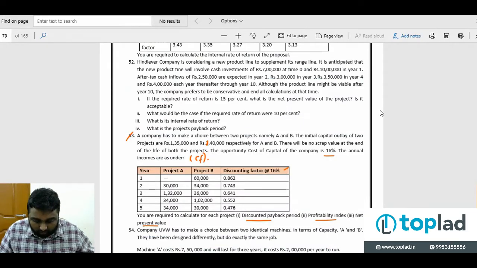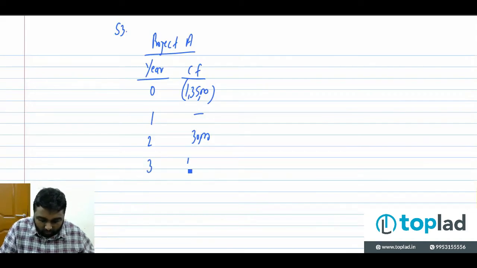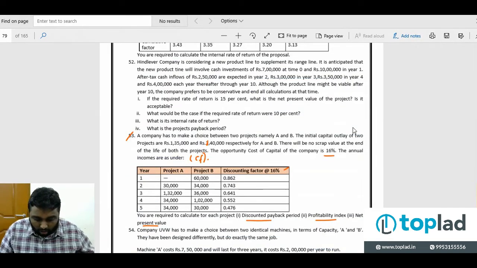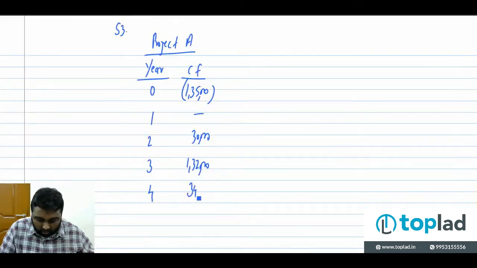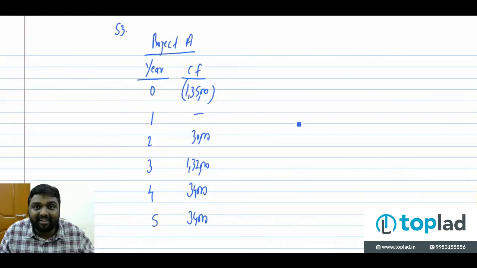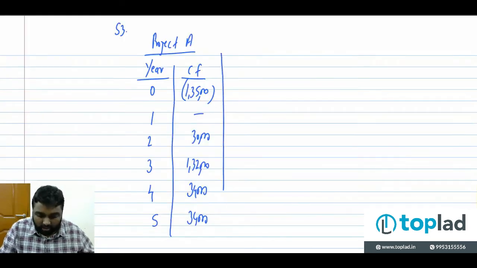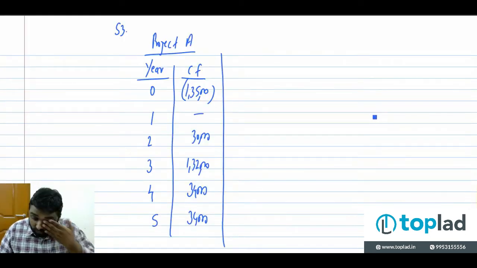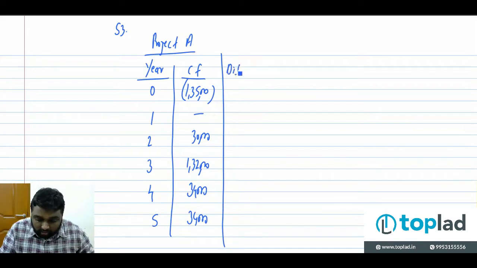Third year 1,32,000. Fourth year 34,000. Fifth year also 34,000. So each year we are getting 34,000. So discount rate at 16%.